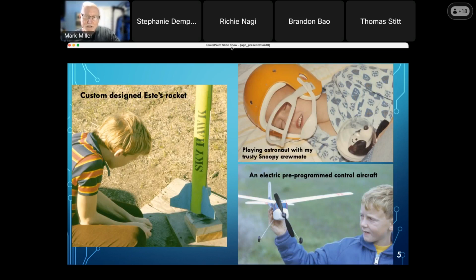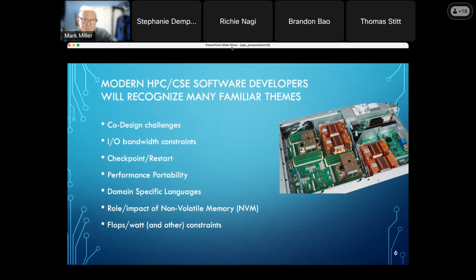I used to build Estes rockets, I flew a lot of model aircraft, and of course, I sometimes played being an astronaut. You will notice in this presentation a lot of common themes, at least I hope you do: co-design challenges, checkpoint restart capabilities, performance portability, which I think was a very relevant topic back in the 1960s, domain-specific languages, and the role and impact of non-volatile memory, for example.